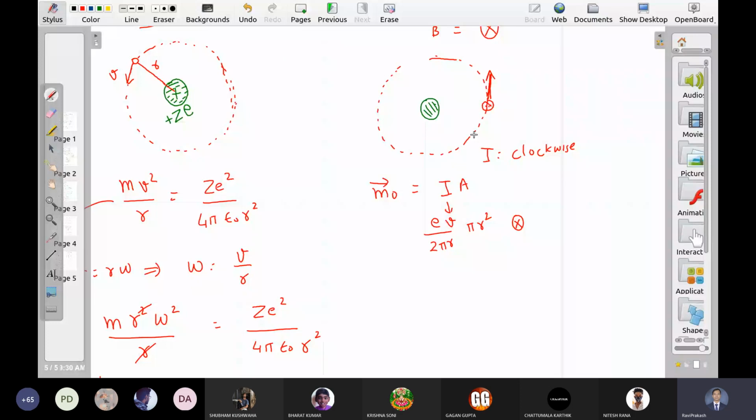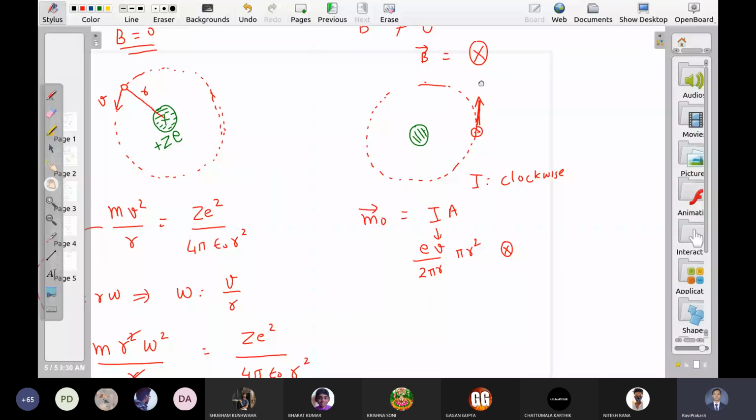Now we are applying a magnetic field in the same direction. How many forces are there on this electron? One is the attractive force, same as before, the Coulomb force. Any other force? इसके अलावा और भी कोई forces? What is the force due to this magnetic field?